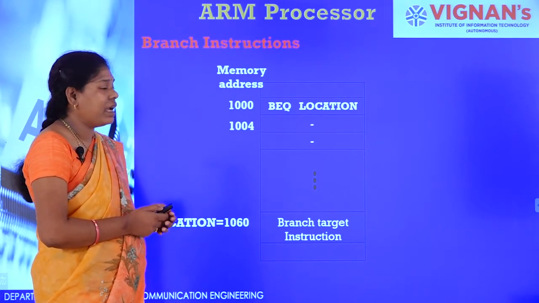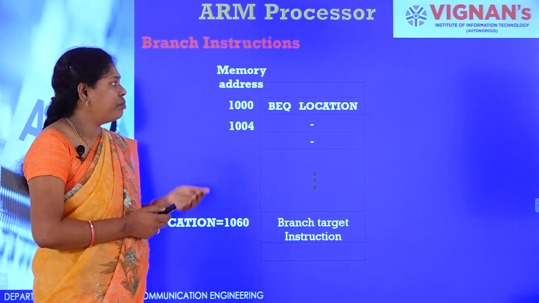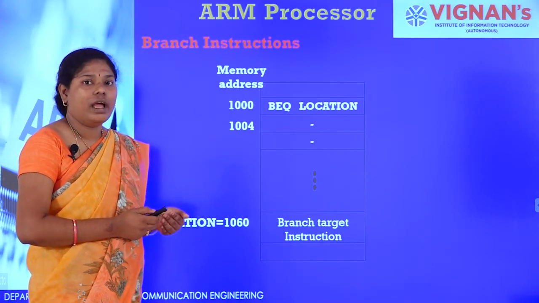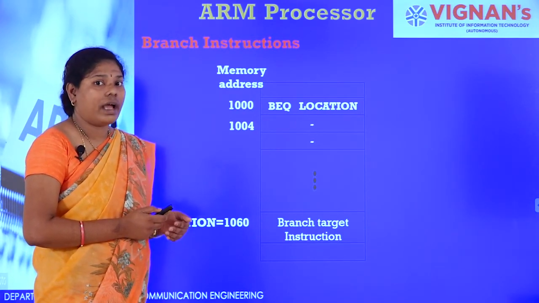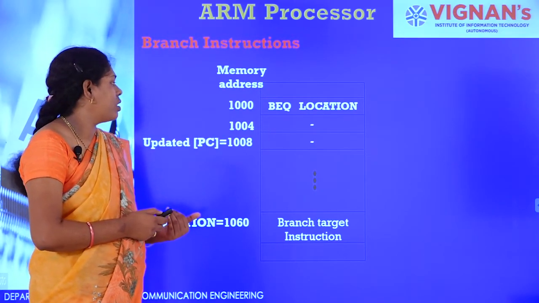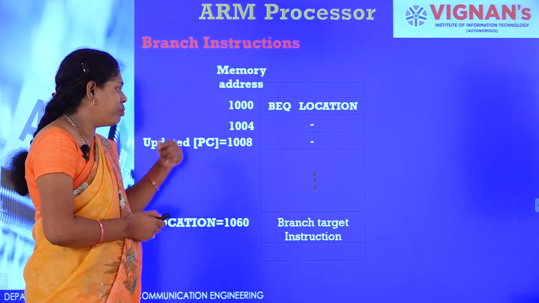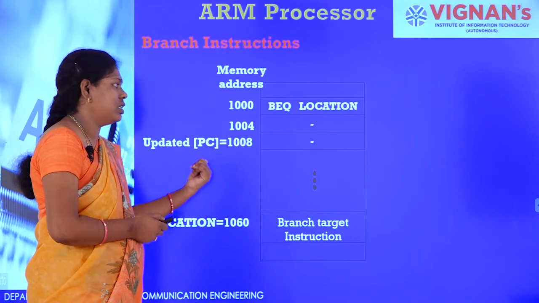Let us see, branch if equal: if the condition is satisfied, what happened? Okay, we have already seen that the program counter points to the address of the next instruction to be fetched. It has to be updated with the new address. While executing this instruction, the program counter will be updated with 1008, that is the third instruction.